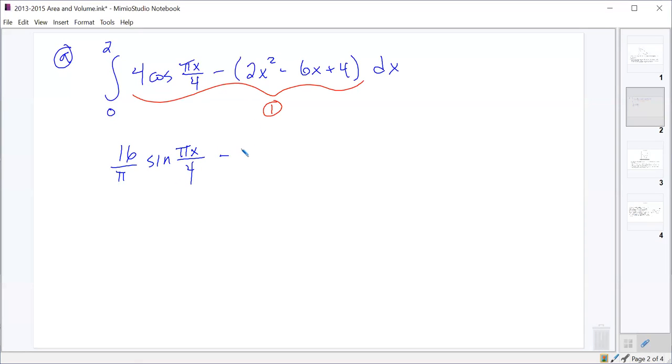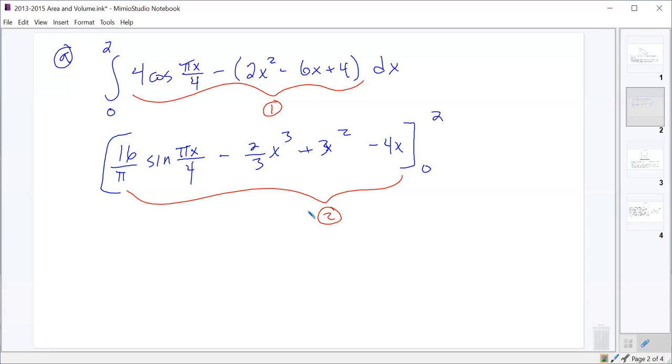Then this one should be minus 2/3 x cubed, and minus the negative 6x is a plus 6x, which integrates to plus 3x squared. And then minus the 4 becomes minus 4x. Everybody good with that? Getting this was worth 2 points.